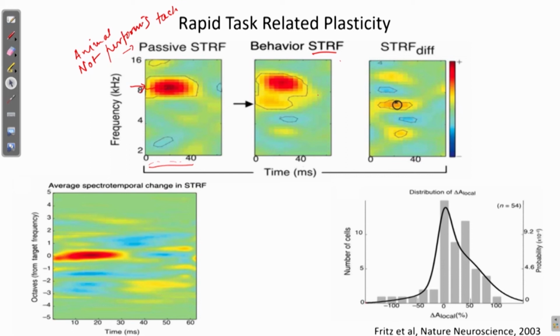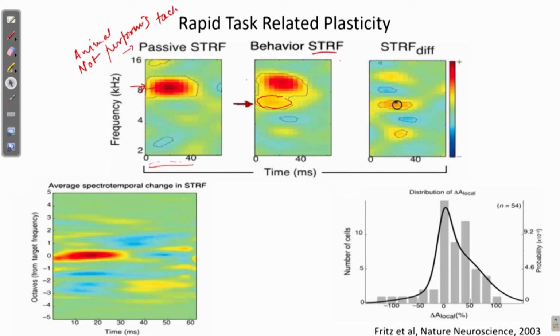There is a change in the STRF. If this is the frequency that was to be detected by the animal, then there is an enhancement in that particular frequency region in terms of the neuron's sensitivity to that frequency.